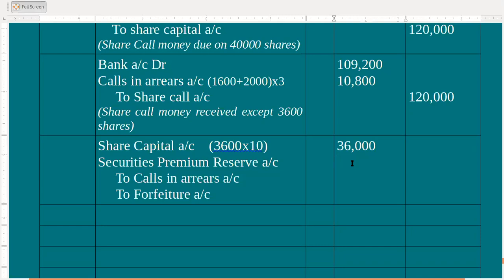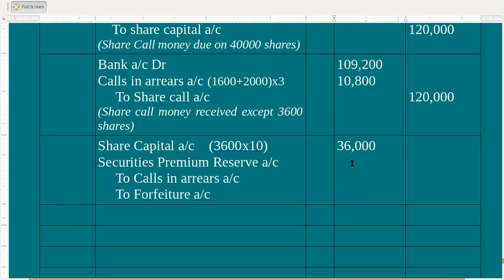We will debit securities premium reserve account only when it is not received. So in the question, Mukesh is not paying his securities premium, so we can enter the Mukesh amount who failed to pay the securities premium.